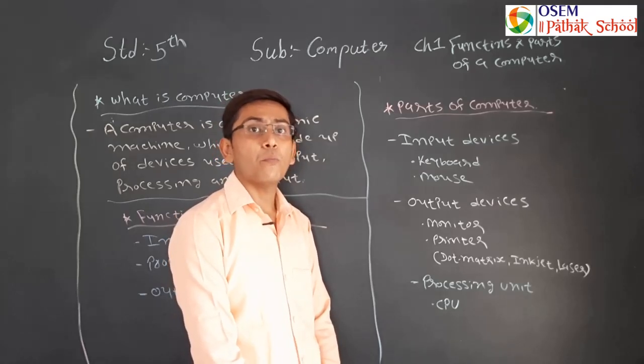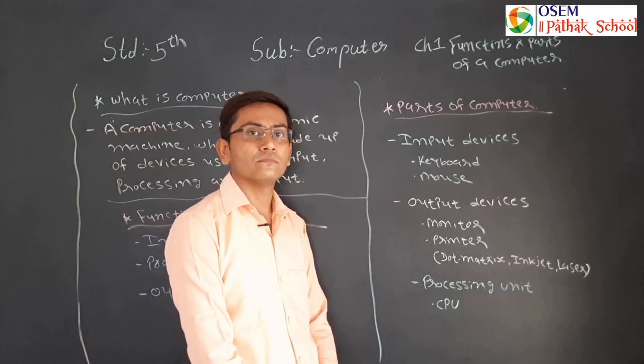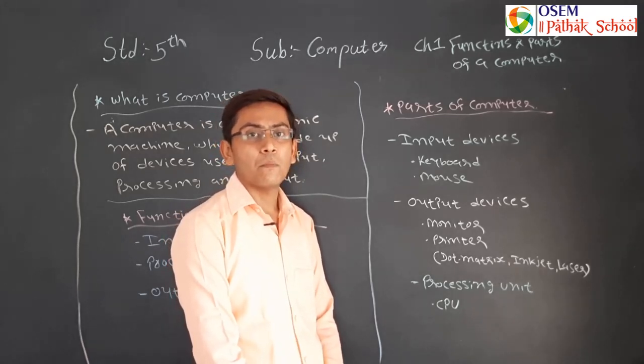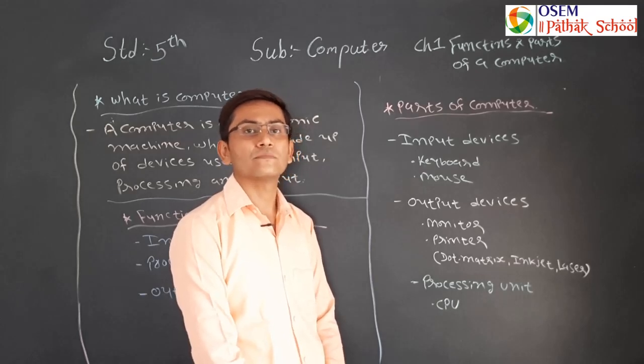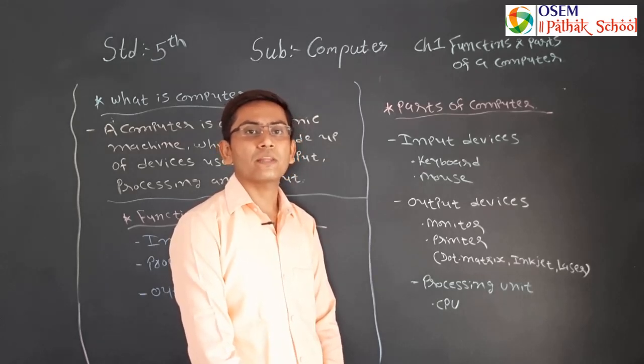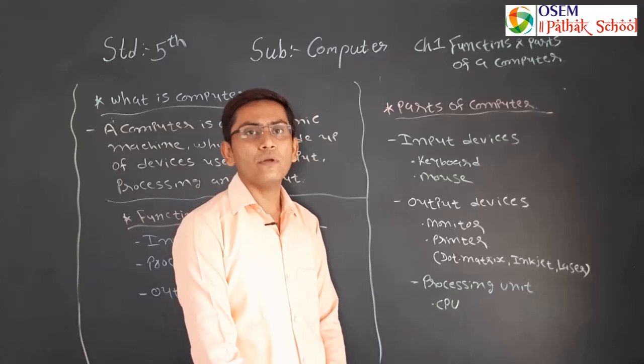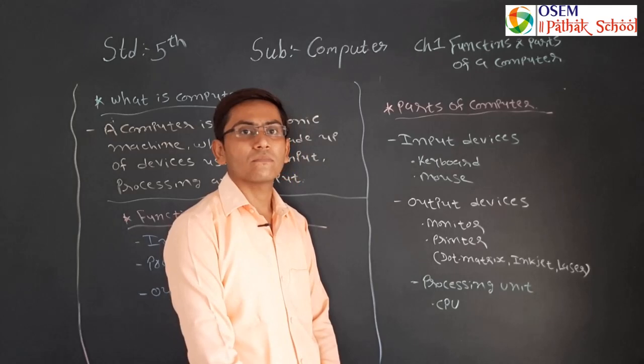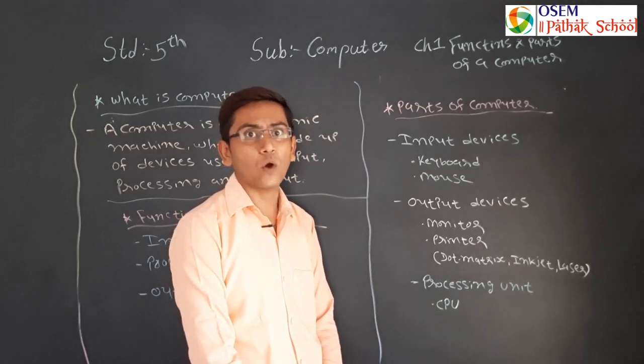It is called the brain of the computer. CPU not only processes the data but also stores the data. So we can say output is performed and saved in the CPU only. So it is the main part of computer.